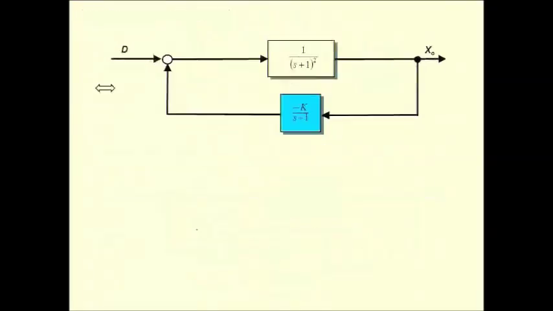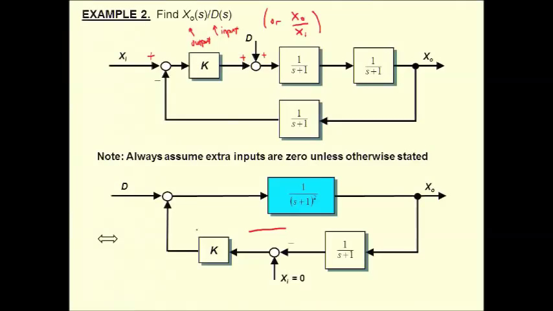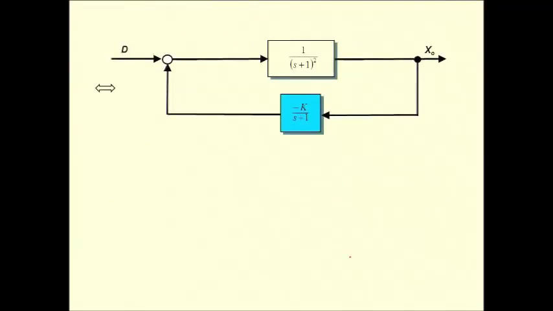And that's what I apply in the next stage here. I'm just multiplying that negative k that I've just derived with this thing here, 1 over s plus 1, to arrive at negative k over s plus 1.